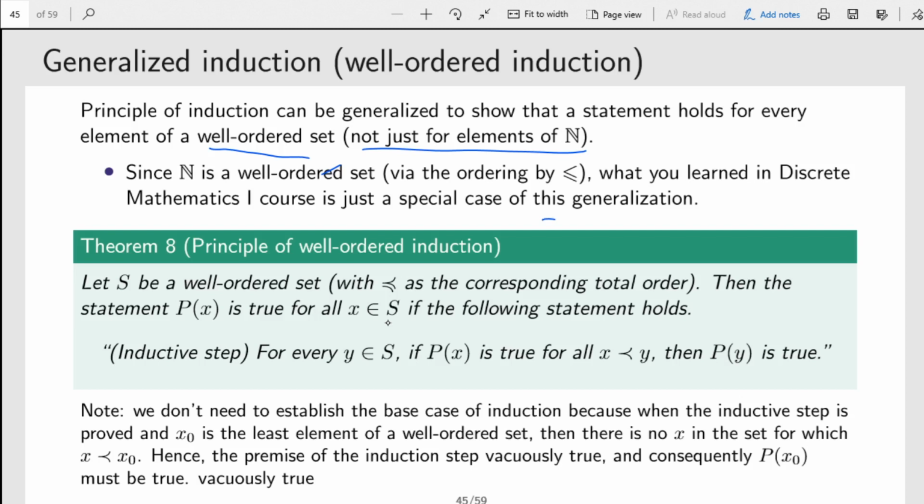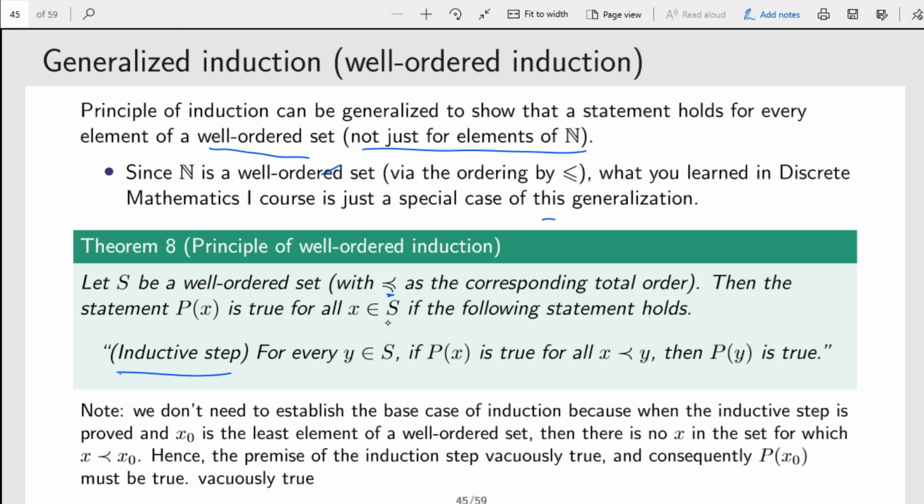So the principle of well-ordered induction is stated as follows. Given S a well-ordered set with this less than or equal as the corresponding total order, then the statement P(x) is true for all x in S if the following statement holds, the inductive step. For every y in S, if P(x) is true for all x less than y, then P(y) is true.